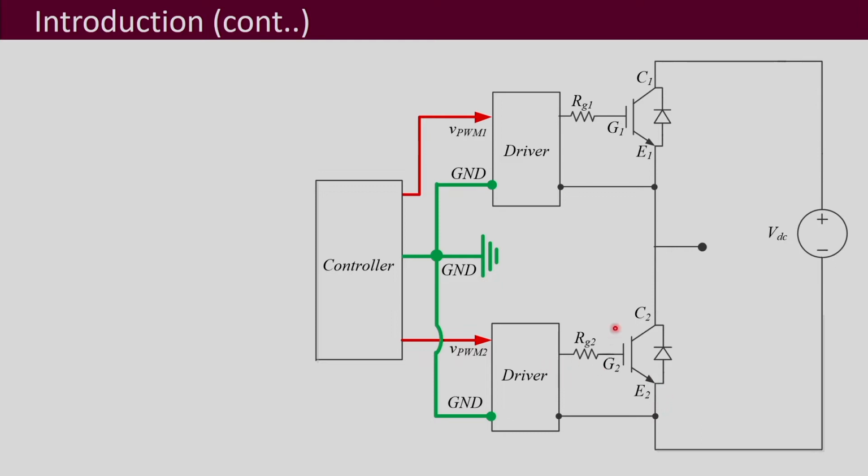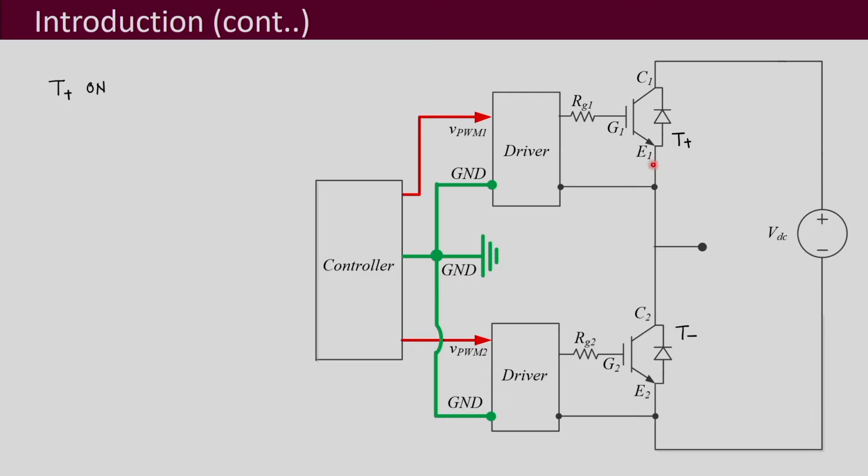For that, let us give some names to these transistors. Let us call this transistor T plus and this transistor T minus. When T plus is on, it means this upper switch is on. Let us assume it to be ideal, so at that time we can consider it to be a short.